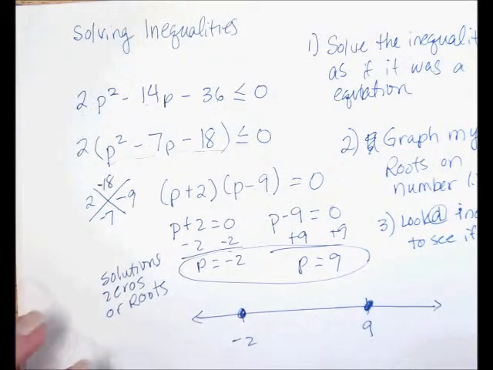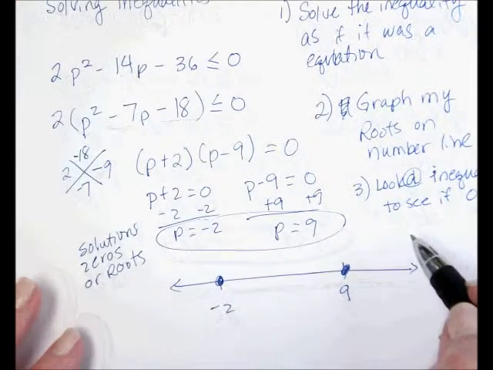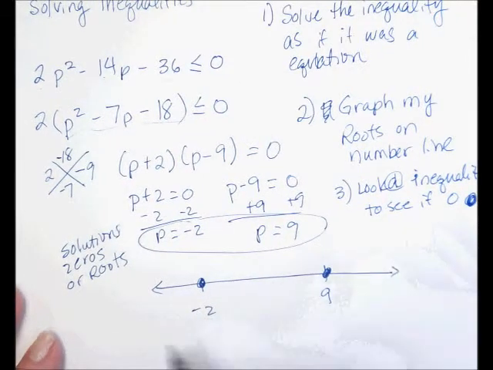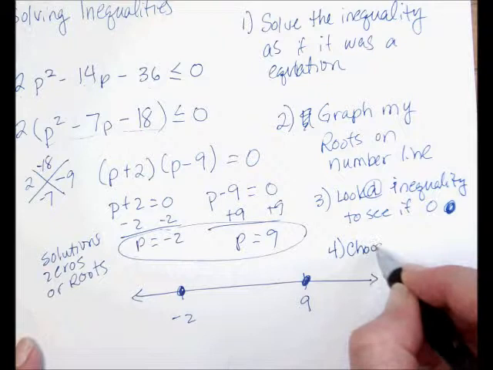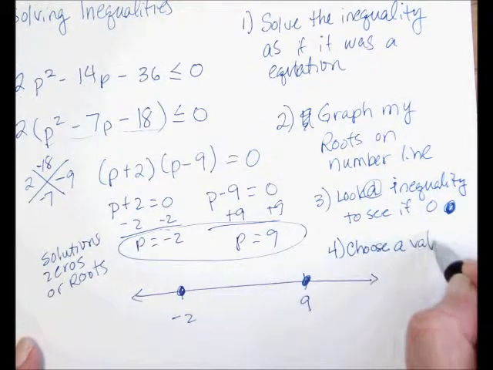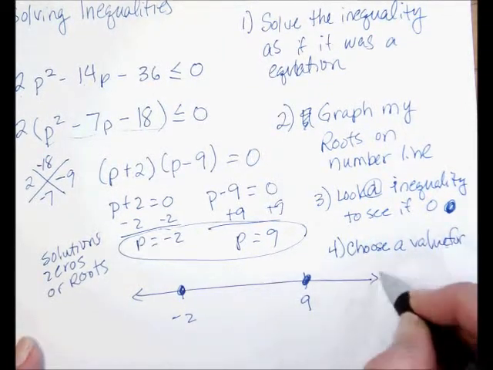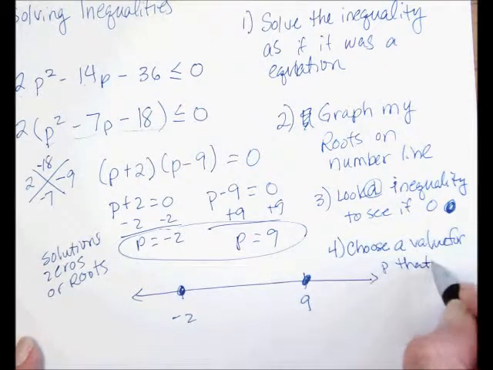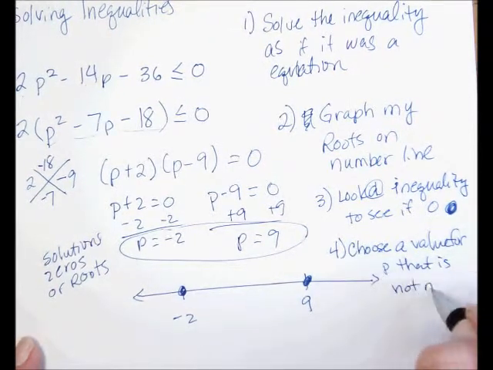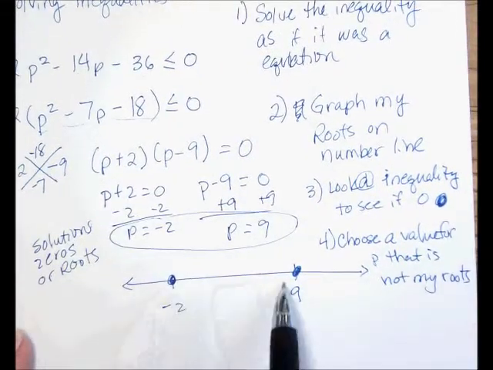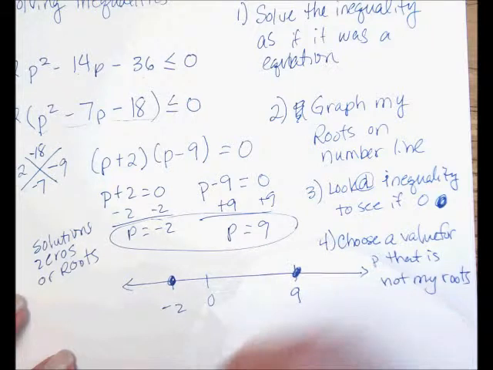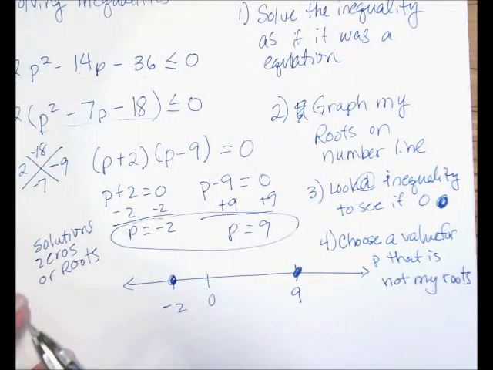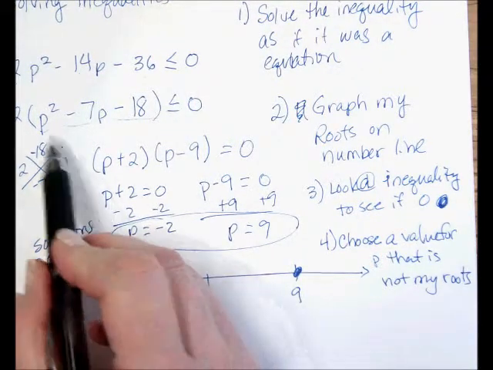Now at this point, I am going to choose a value for p that is not one of my roots. So I'm taking negative 2 and 9 out of the equation. And we talked today about trying to choose 0, because 0 is pretty easy to plug in.